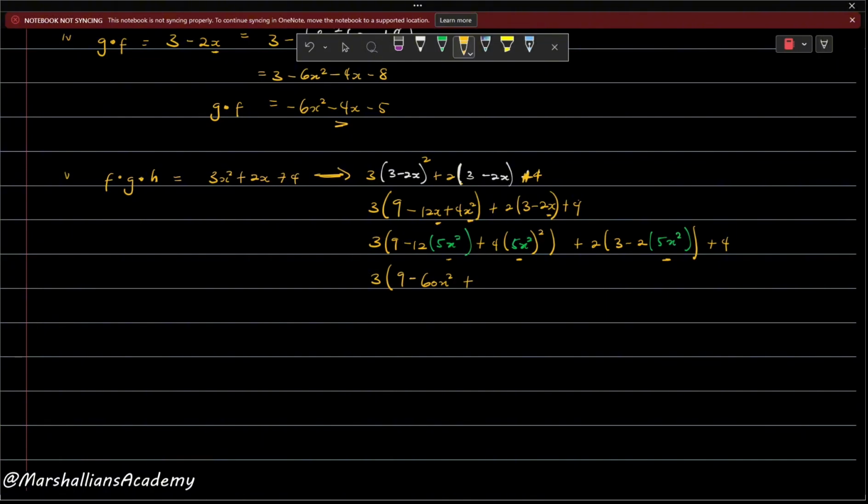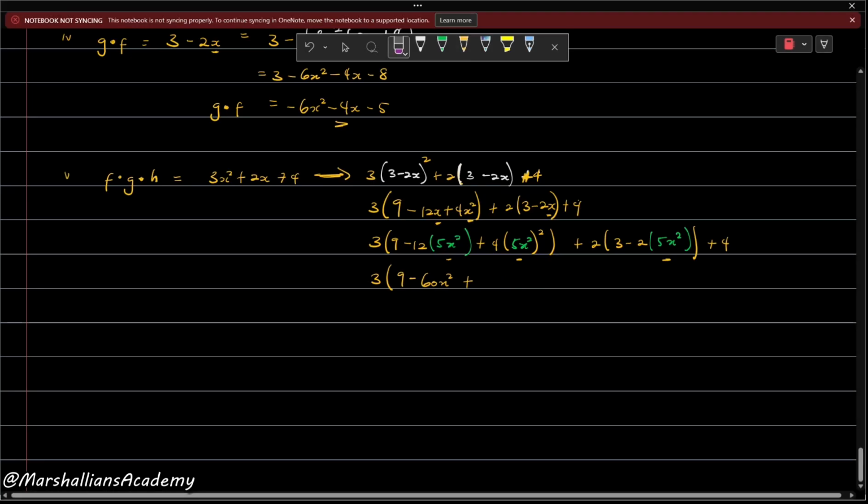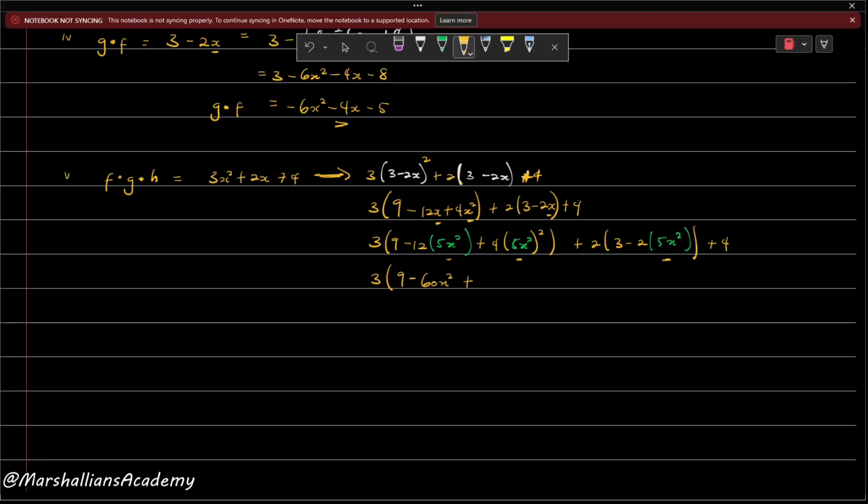Plus 5x squared squared: 4 into bracket 5 squared is 25. X squared squared is x to the 4th. So if I do 4 times 25x to the fourth, I'm going to be getting 100x to the fourth. So let me just clean this and write 100x to the fourth.